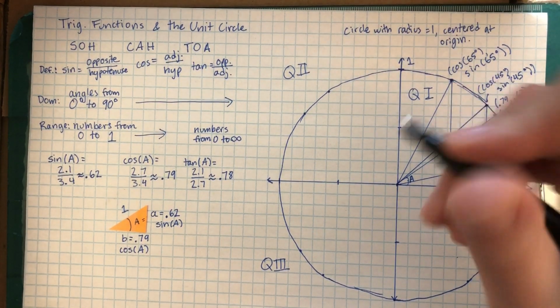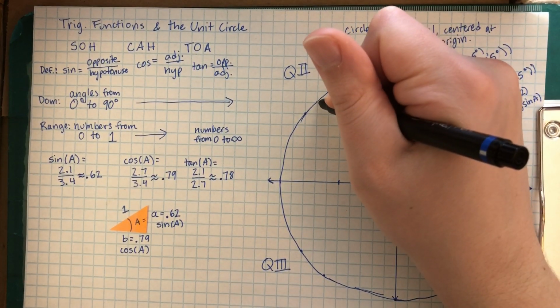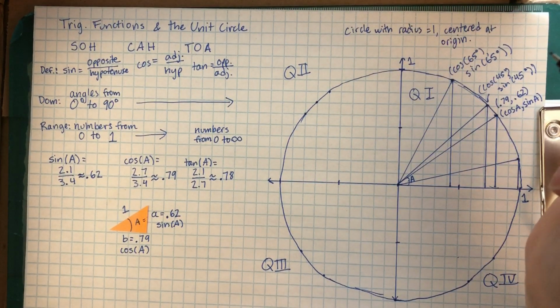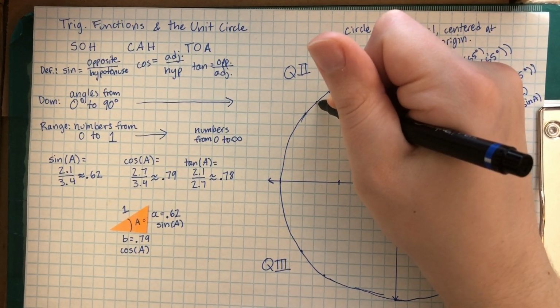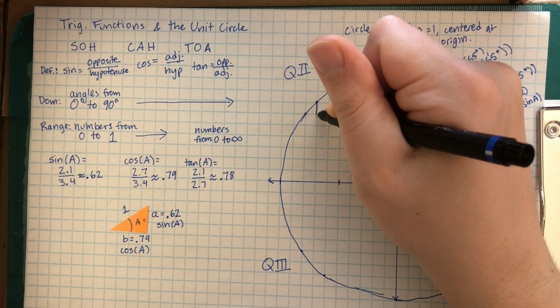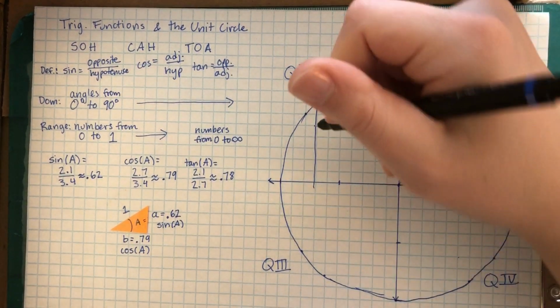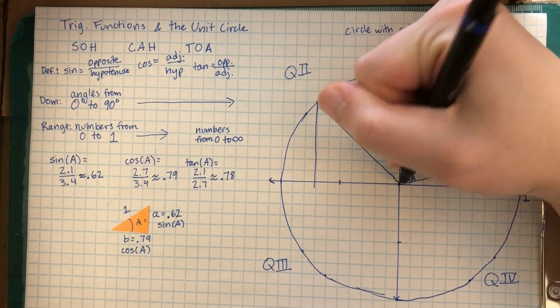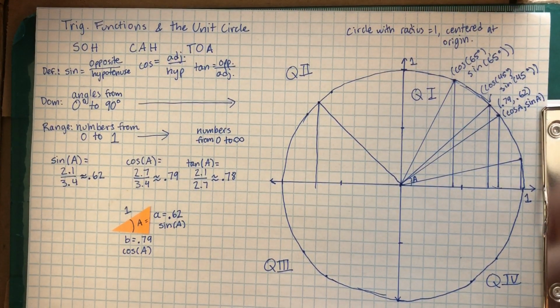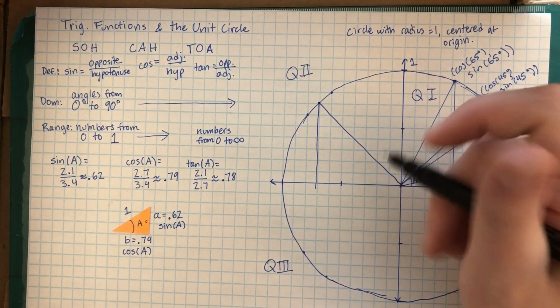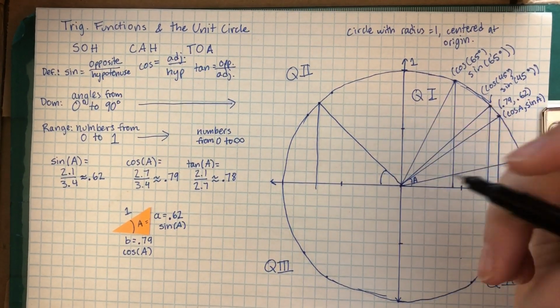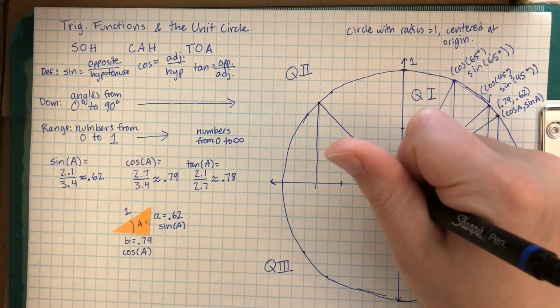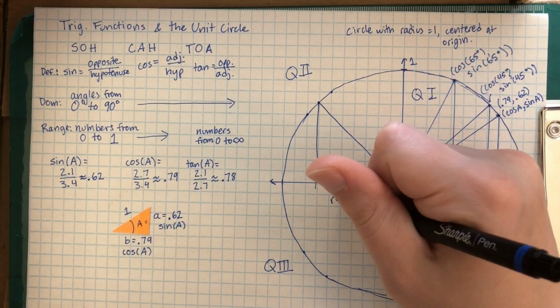If I want to find out the coordinates of a point in quadrant 2, we've got a couple of options. One way I can think about it is I can draw a right triangle and I can measure this angle that is called the reference angle.